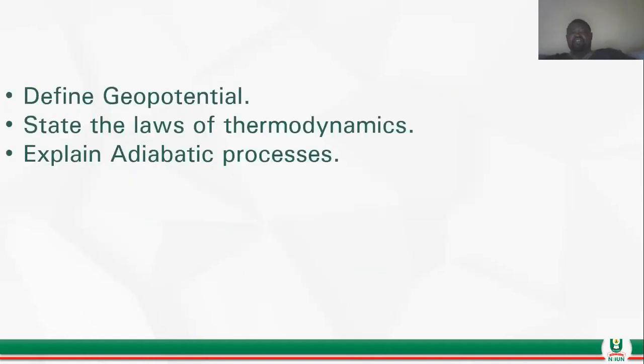Okay? Then you should also be able to define geopotential. What is geopotential? And then you should also be able to state the laws of thermodynamics. Then you should be able to explain adiabatic processes.